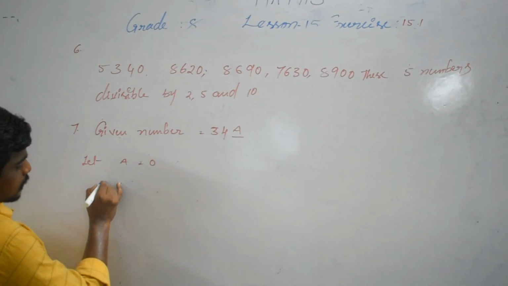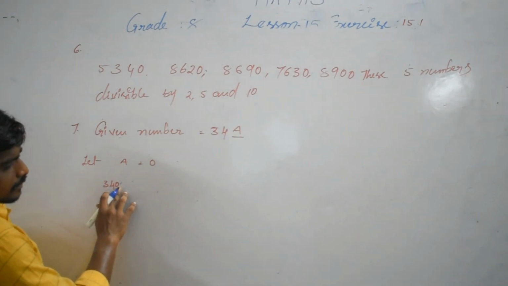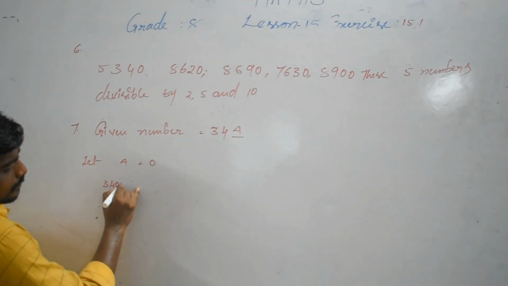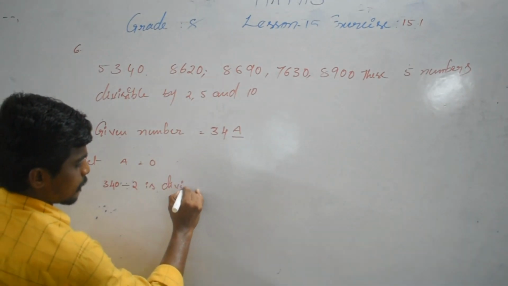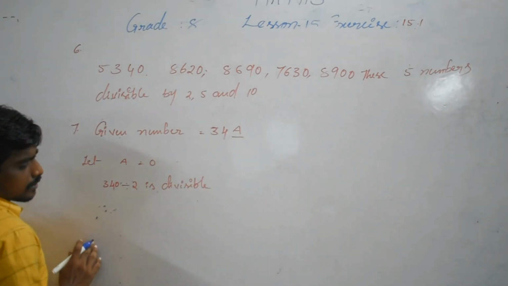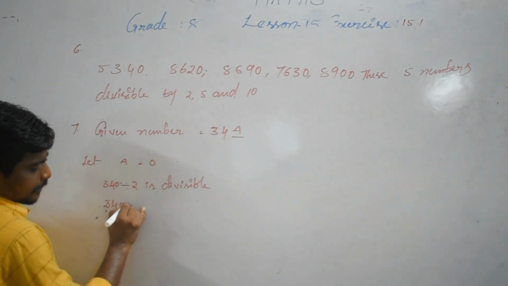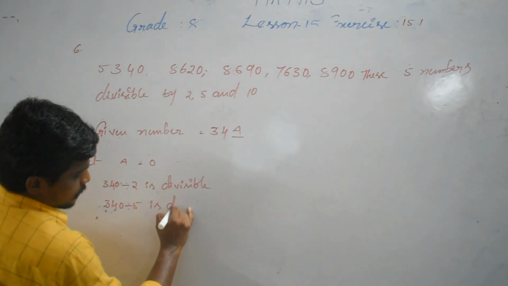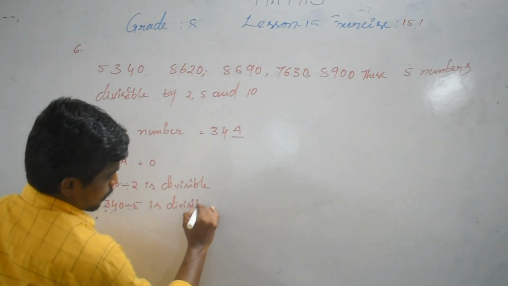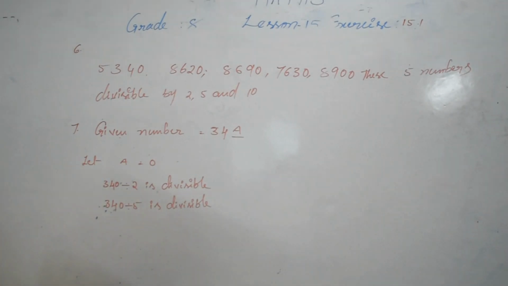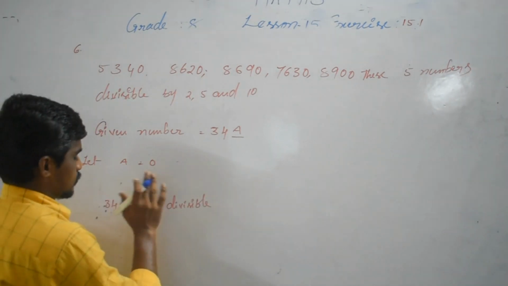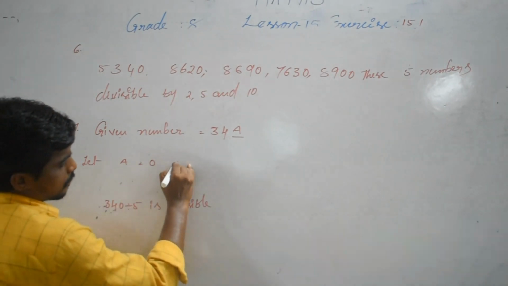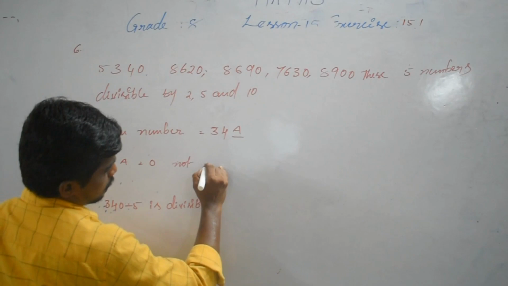So 340 divided by 2 is divisible, and 340 divided by 5 is divisible, but the remainder given is 1. Here no remainder, so a is not 0.